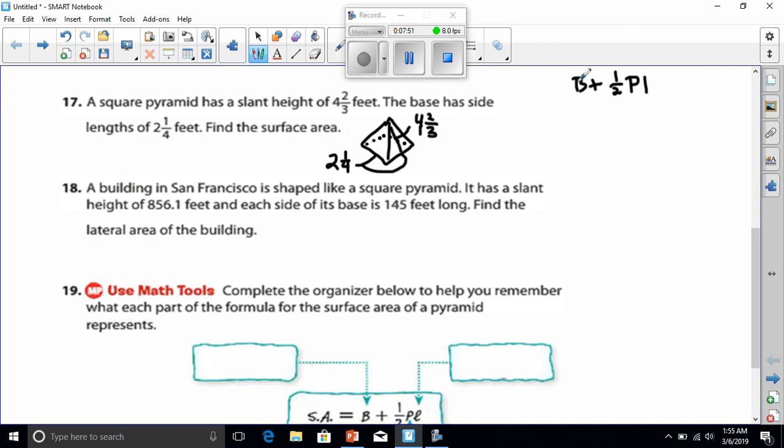We know that the base of a square is going to be 2 1/4 times 2 1/4. So if I put that over here, I'd have to turn them into improper fractions. That's actually going to be 4 times 2 is 8, plus 1 is 9. So this is really 9/4 times 9/4.